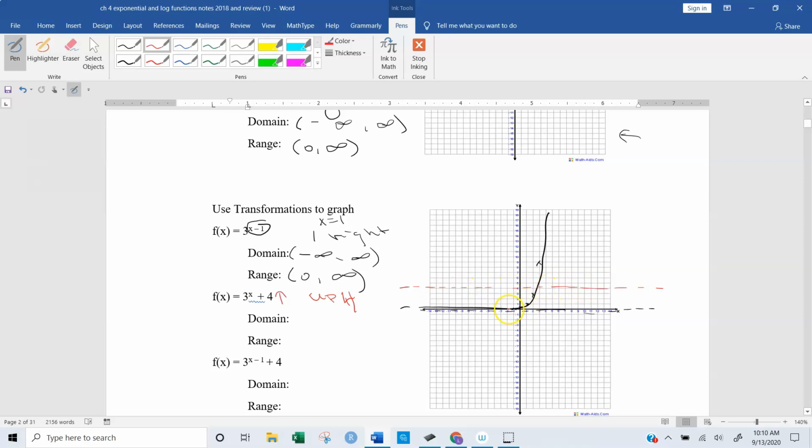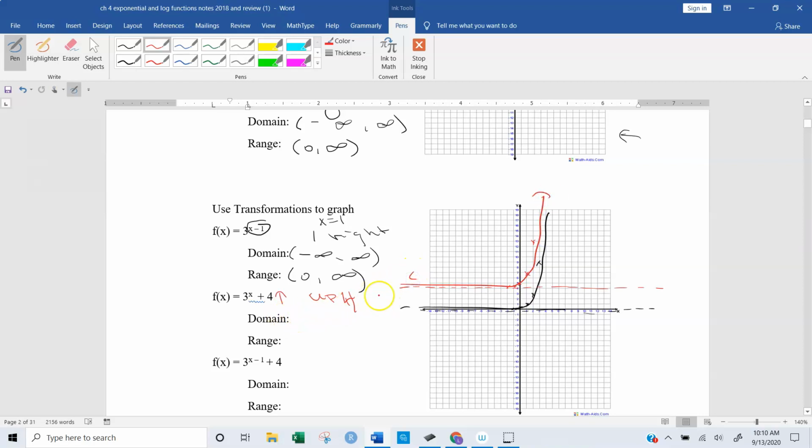Now, we knew at negative 2, we are at a 9th, so we are 1/9 above our asymptote, 1/3 above our asymptote, 1 above our asymptote, 3 above our asymptote, and then at 2, we are 9 above our asymptote. I cannot read these numbers. Hopefully that's 9. All right, we're going to draw in our graph. So now we have shifted up 4.